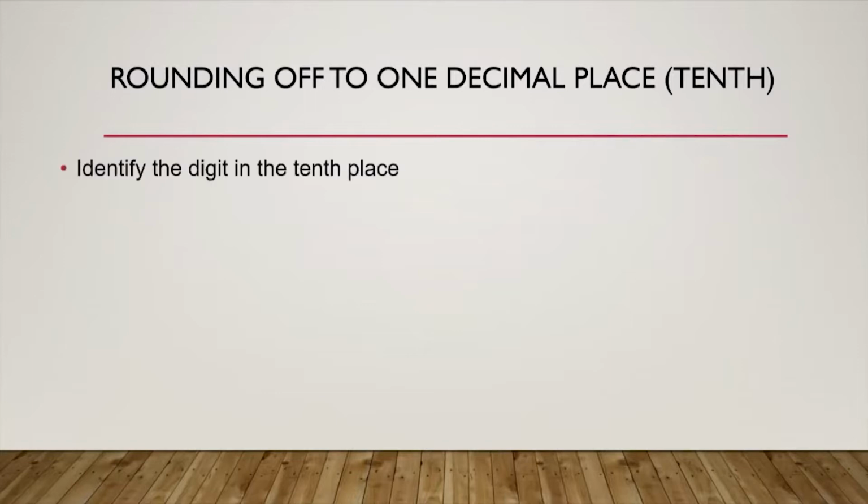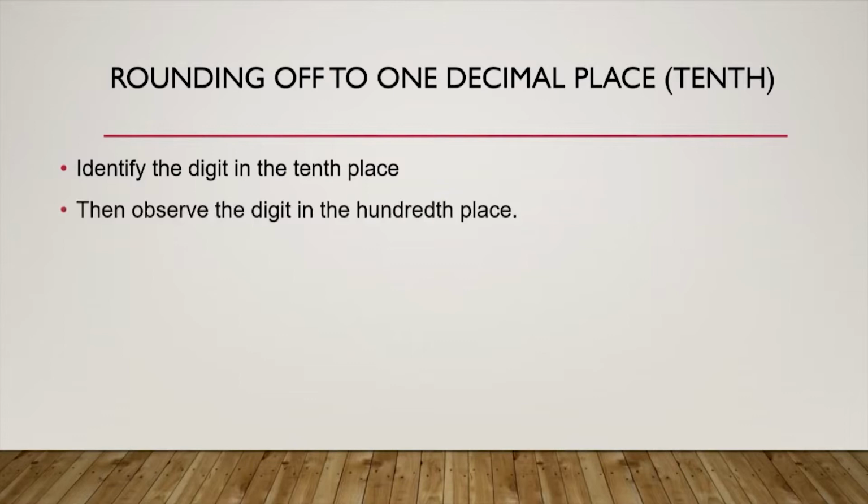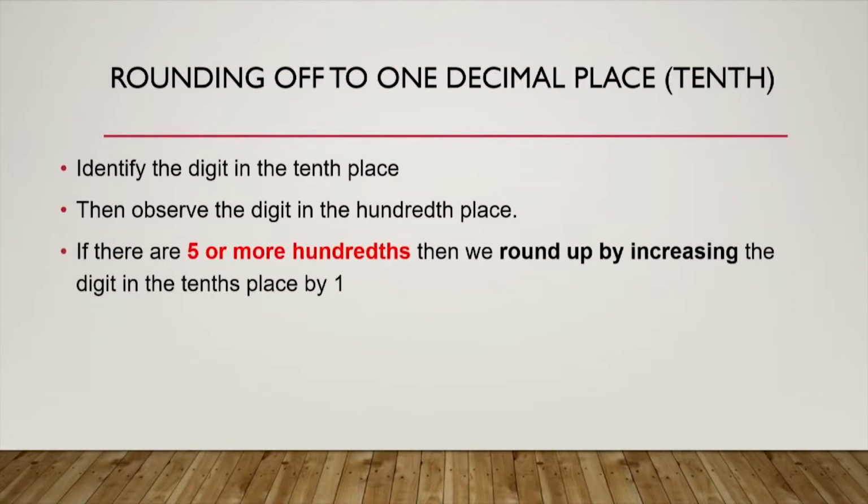So let's just look at what we must identify. The digit in the 10th place. That's the first thing. You need to know where you're rounding off to. The next thing, observe the digit in the 100th place, and that is to the right of the 10th place. Then, if there are 5 or more hundredths, we round up by increasing the digit in the 10th place by 1.